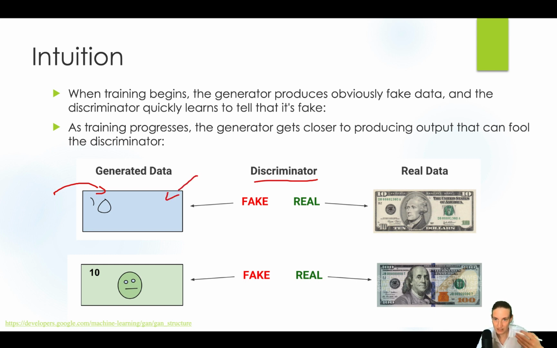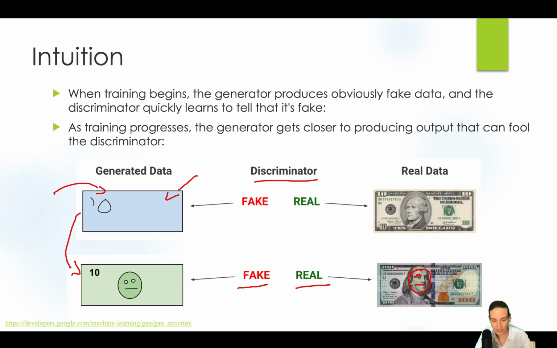Okay. As the training steps go along, our input will start to be slightly more realistic. We have some face appearing, which we can see here too. Obviously, it's still very, very different. So the discriminator can still tell this is fake, this is real.